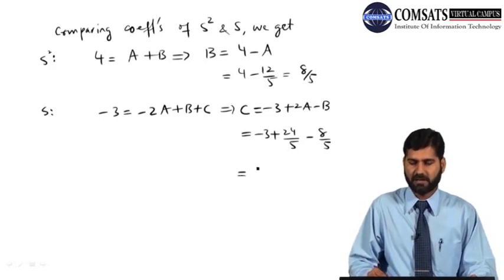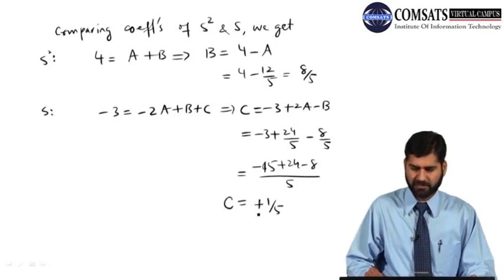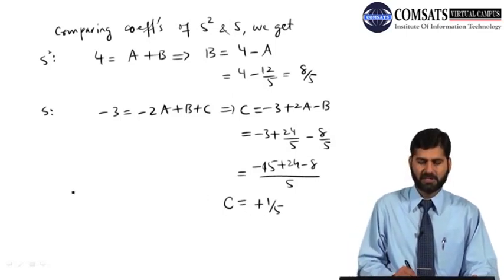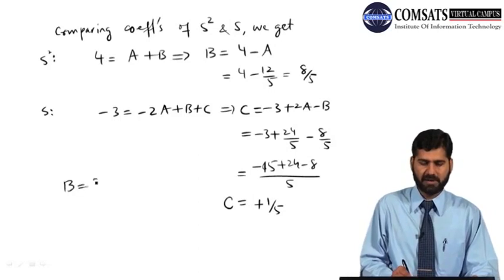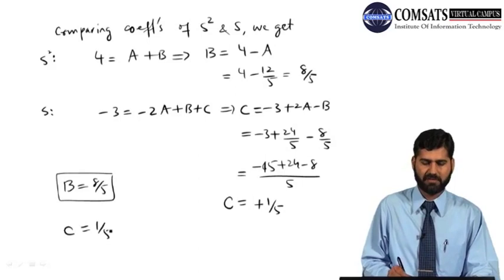So that is minus 15 plus 24 minus 8 over 5. So that is plus 1 by 5, sorry. All right. So your B is 8 by 5 and C is 1 by 5.